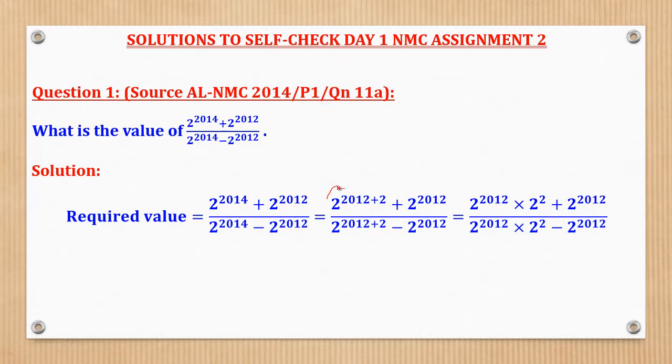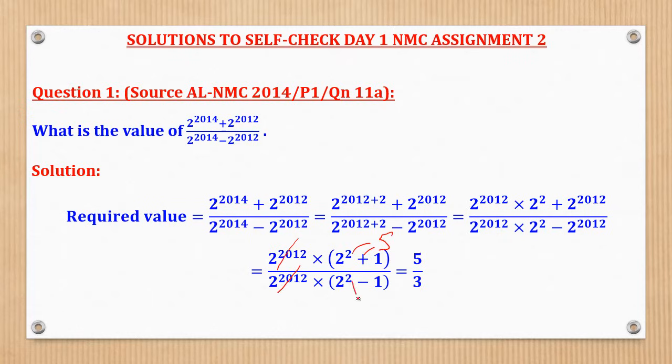This 2014 is the same as 2012 plus 2. Meaning that now I can factorize out 2 to the power 2012, both numerator and denominator. So this can cancel. Here I remain with 5 and here I remain with 3, which gives you 5 over 3 as the answer.